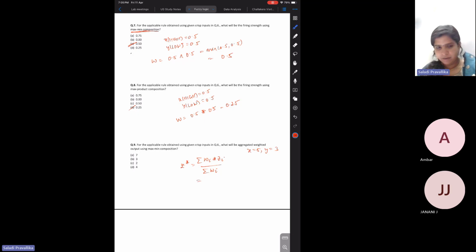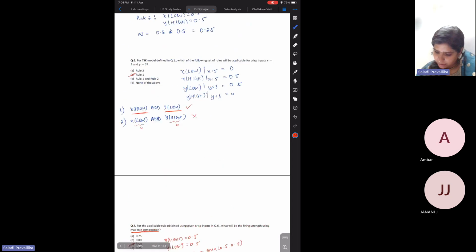So I can rewrite this as, since I have n equal to 1, W product Z divided by W. I can just cancel out these W's, right? So it will just leave me with Z. So the Z star is going to be Z.